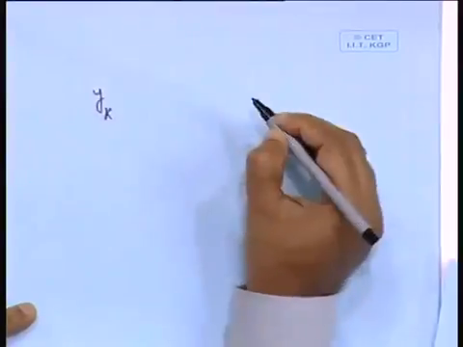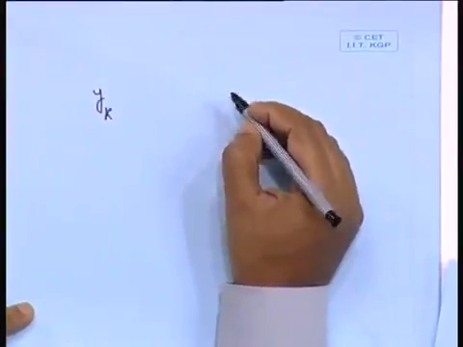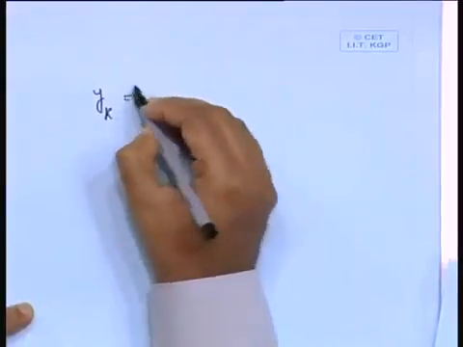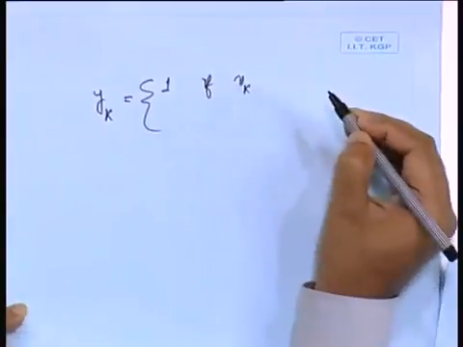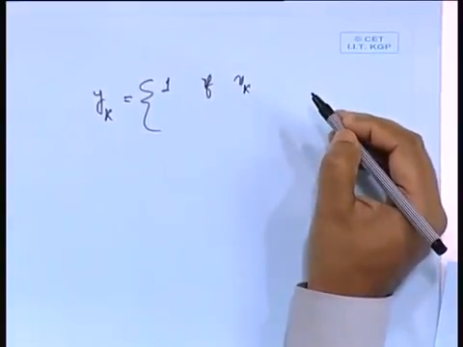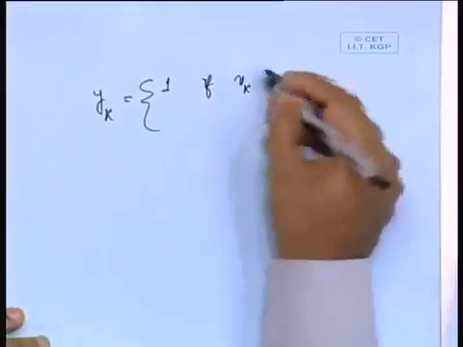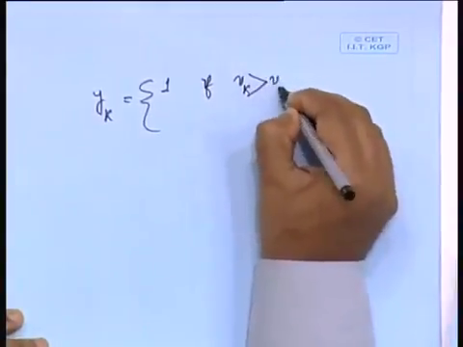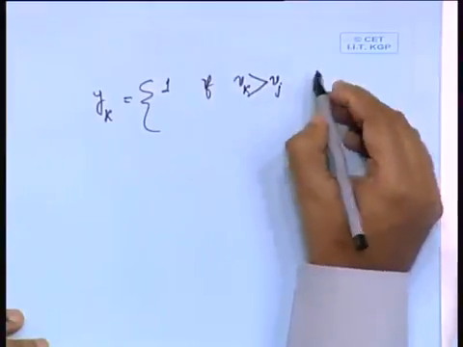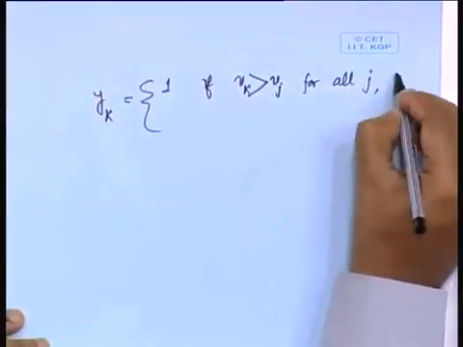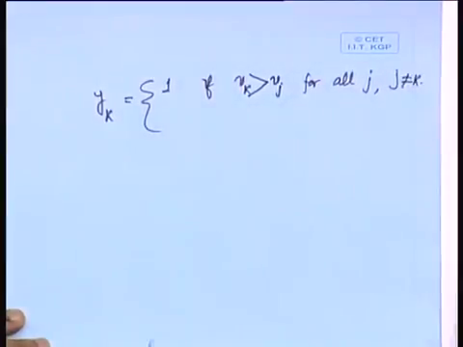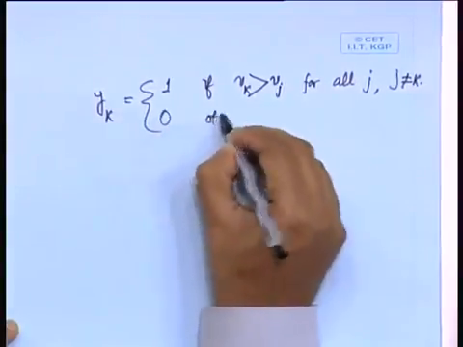It says that yk, the output of the kth unit, will be equal to 1 if Vk, the combined response, is greater than Vj for all j, where j is not equal to k, and yk is equal to 0 otherwise.